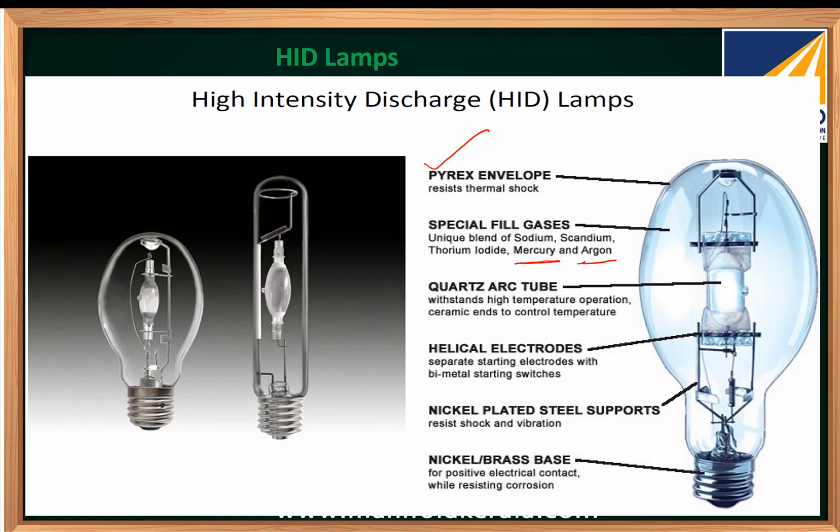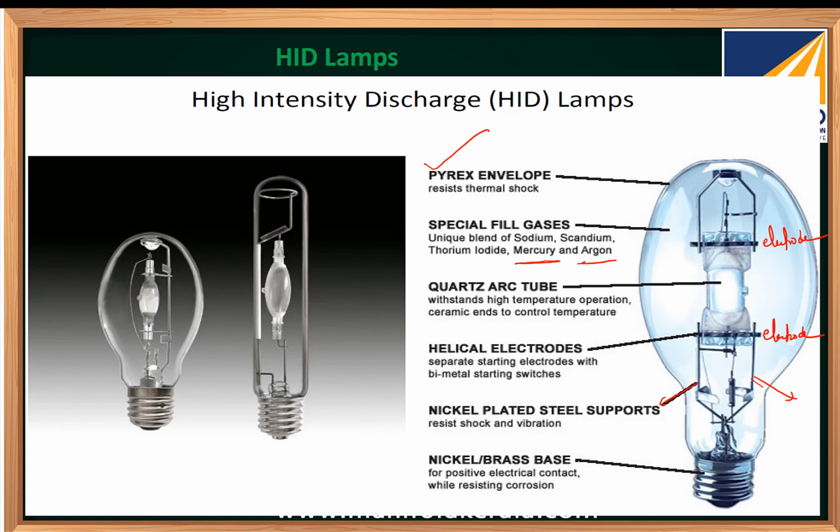It has one starting electrode, and bimetallic switches are there, and a nickel base. Nickel plated steel supports. These are the steel supports which resist the shock and the vibration, and these are the electrodes. This is one electrode, and this is one more electrode. Understand? This is the general structure of a high intensity discharge lamp.